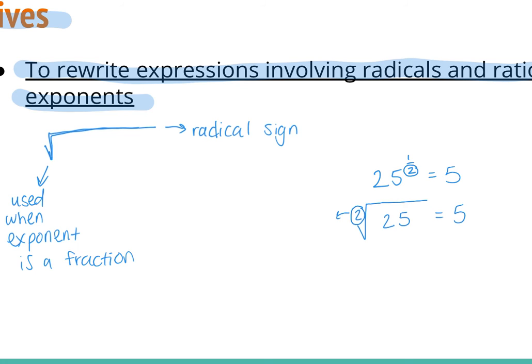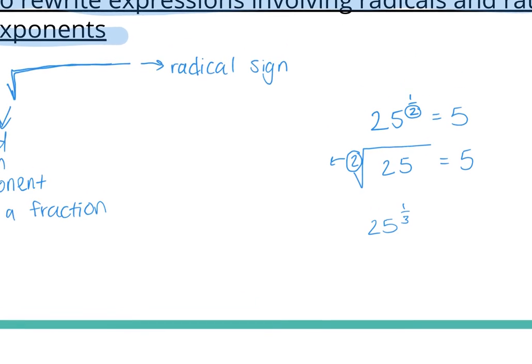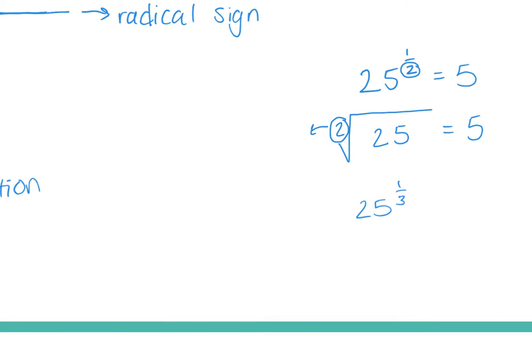What's up, Roy? So if it was 25 to the 1/3, then you just put the 3 in the index? Yep. Good question. Now, 25 to the 1/3 is going to be a nasty decimal, so we're not actually going to calculate it. But how you would write it as a radical is your index would change from 2 to 3, and then you would put the 25 down below it.